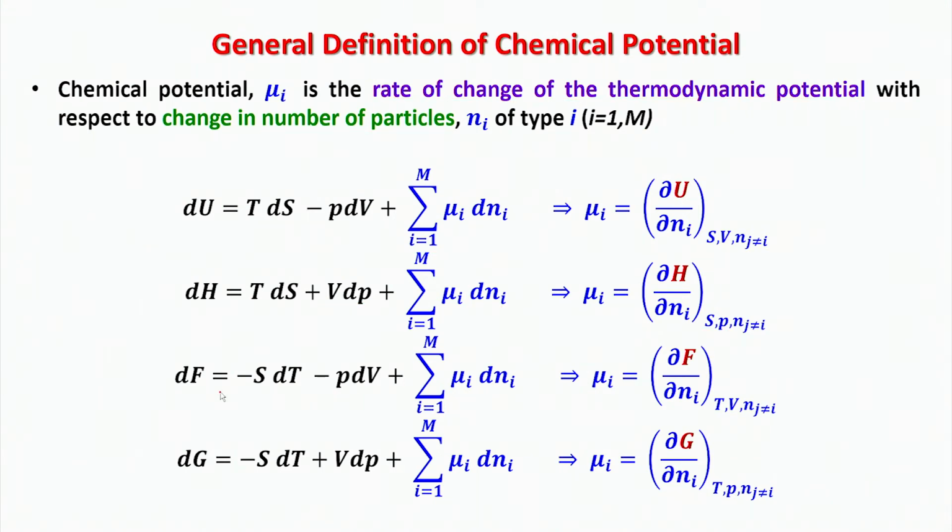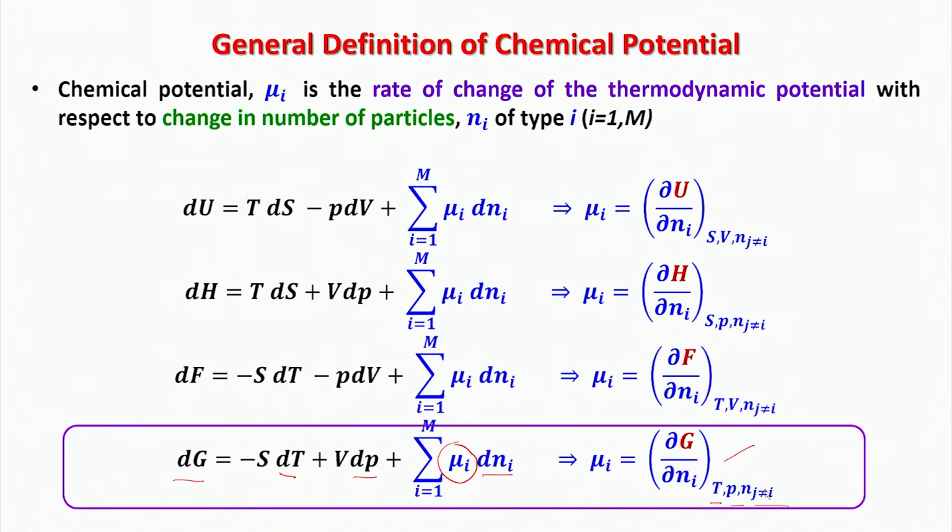So if I go back and look at this expression, dG will depend on dT, dP, and dNi. And therefore, I can say here, by the definition of an exact differential, mu i is going to be del G, del Ni, keeping temperature, pressure, and the number of all other types of particles Nj, where j is not equal to i, constant.